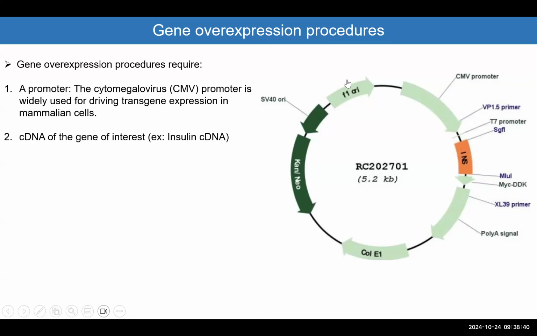In any of the labs you go to, you will find research happening with plasmids that have a CMV promoter. Then, from the assignment, you know that if you want to express a gene, you don't have to express all the messenger RNA. You need the coding DNA, which is the mature messenger RNA.